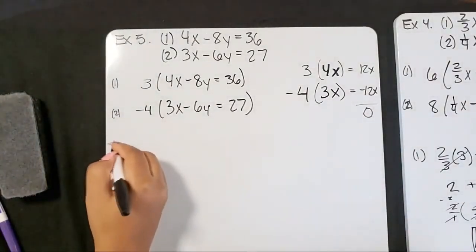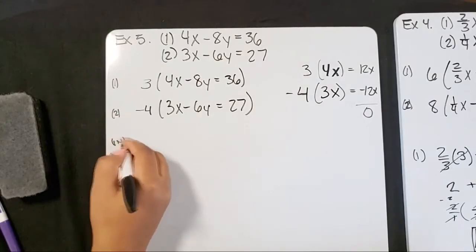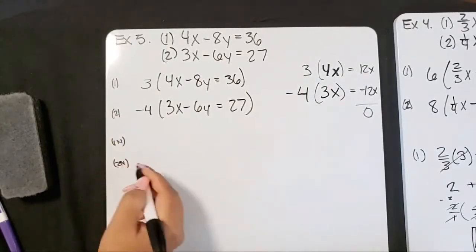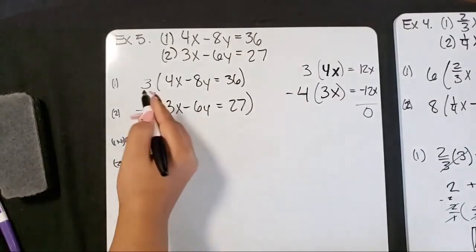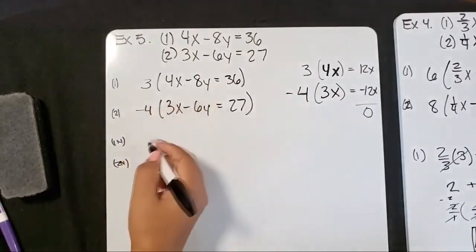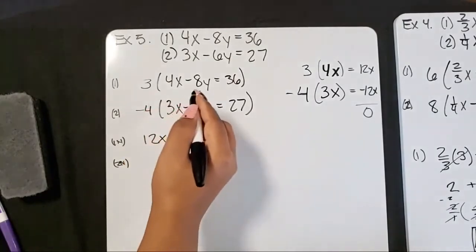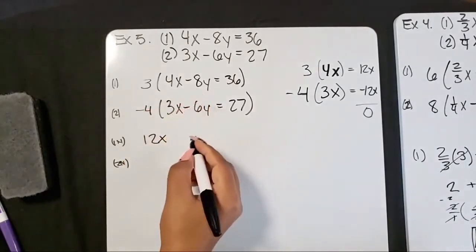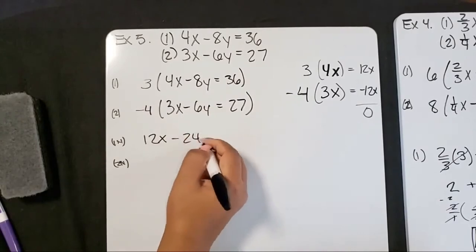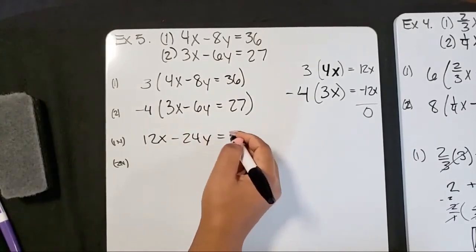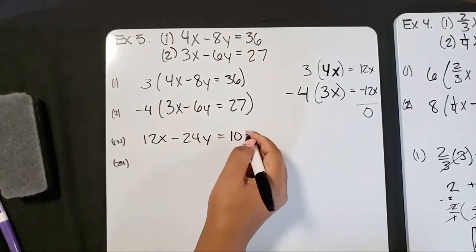So our new first equation is 3 times 4x, which is 12x, 3 times negative 8y, which is negative 24y, and 3 times 36, which is 108.